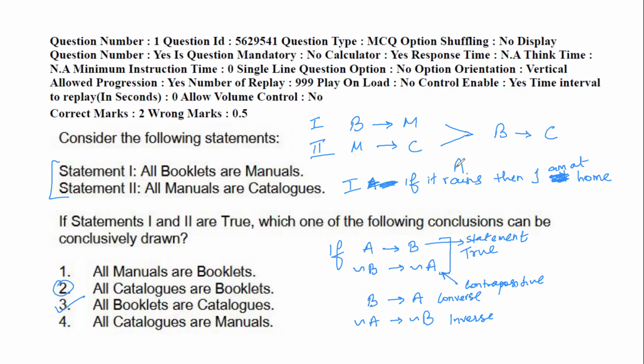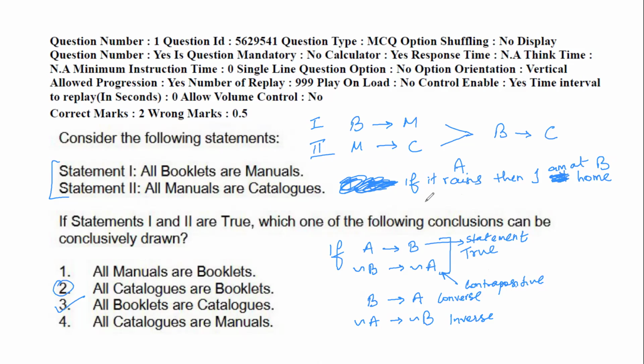This is your A part, rains, then B. A implies B. If it's raining, then I'm at home. Let's just call it the if statement. If A happens, that is, if it rains, then I'm at home. Then B.